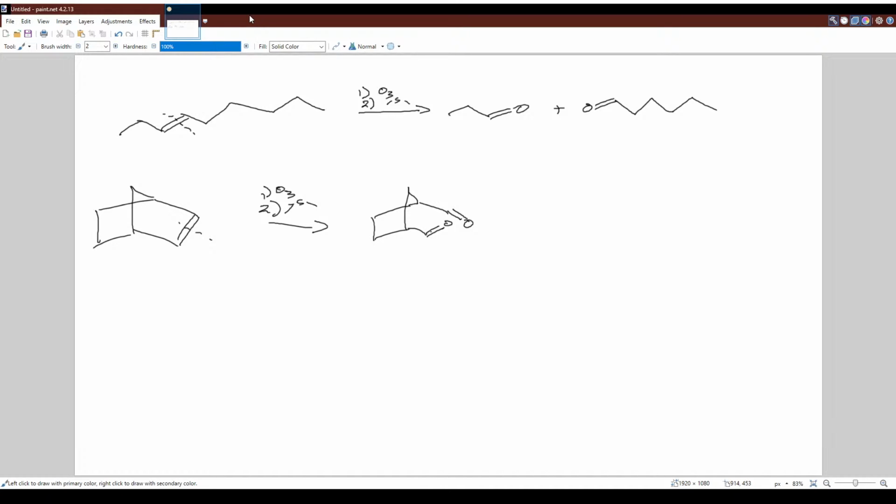Okay. Which apparently, oh, we can rewrite it as a cyclopentane with like that. Okay.